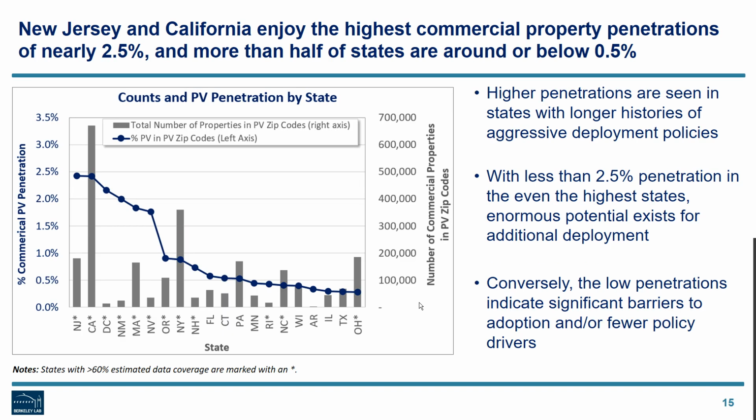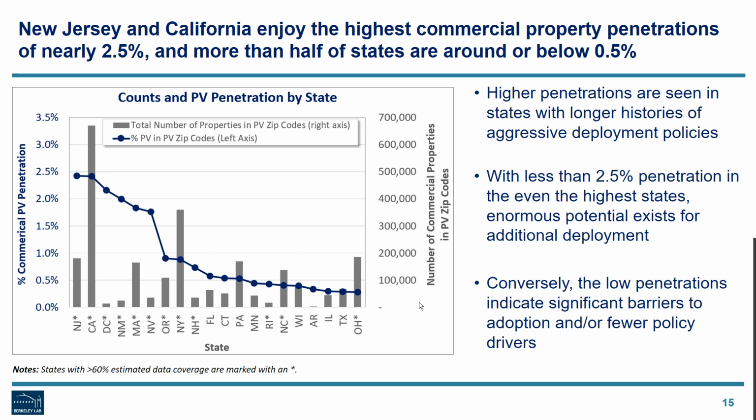The first thing we'll do is look at the state penetrations. Now, I just want to quickly describe this slide. Those penetrations I've been talking about are shown on the primary vertical axis to the left in blue and correspond to the points on the curve shown on the figure. On the secondary vertical axis on the right is the total number of commercial properties in that various cohort, which in this case is states listed on the x-axis.